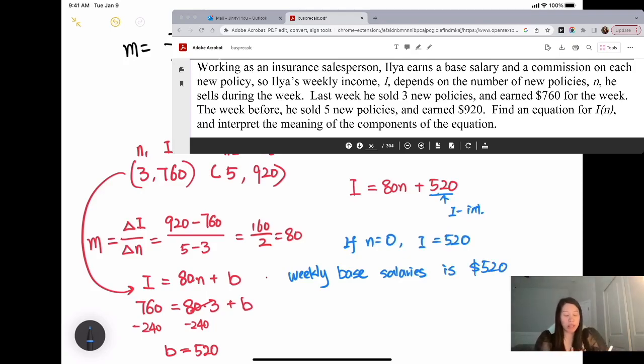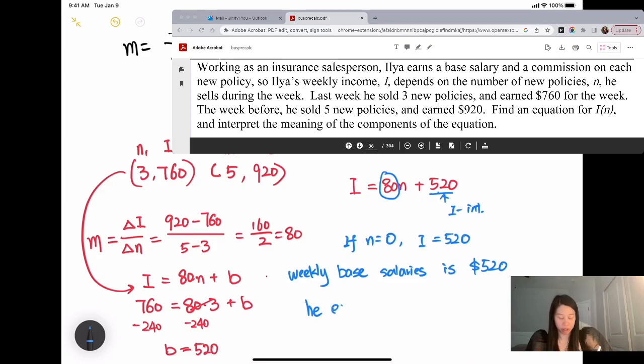So what does 80 mean? 80 is the constant rate of change. That means if you sell one policy, you will earn 80 bucks. If you sell 2 policies, you will earn 80 bucks more. So 80 is the commission he earns.